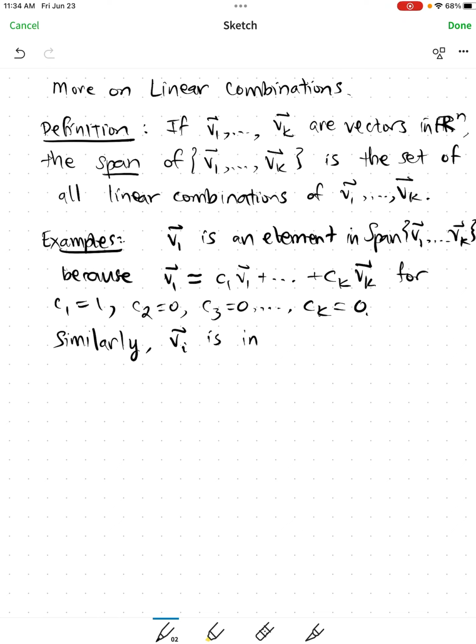Vi is in the span of V1 through Vk because Vi is just 1 times Vi plus 0 times everything else.